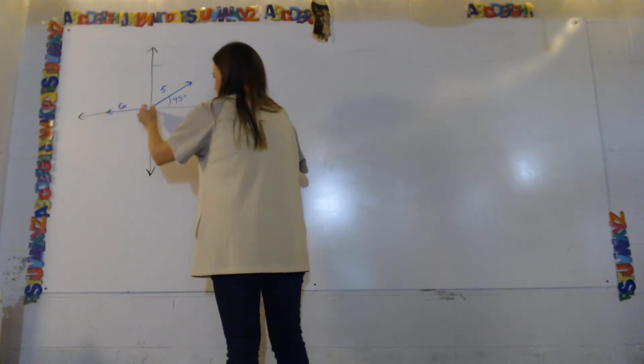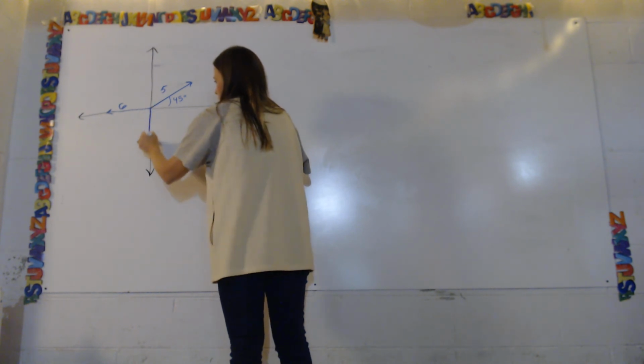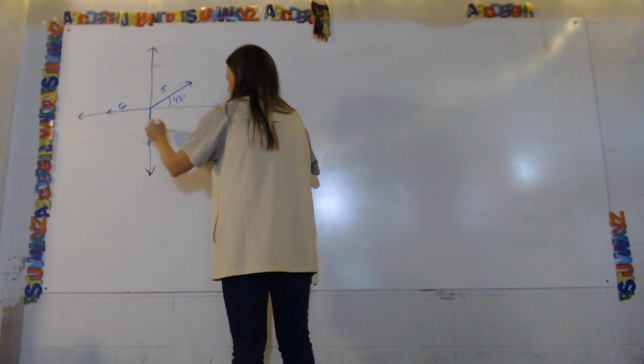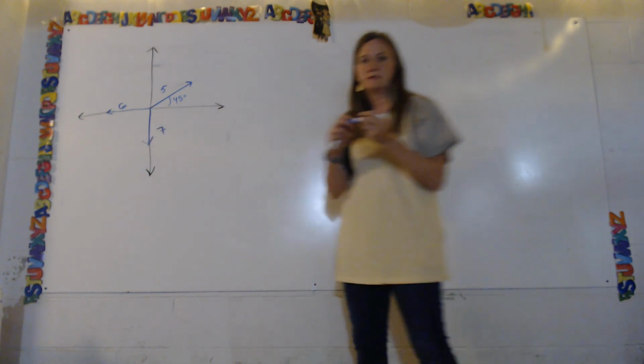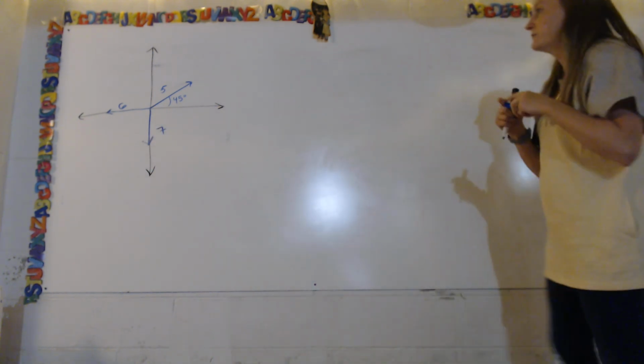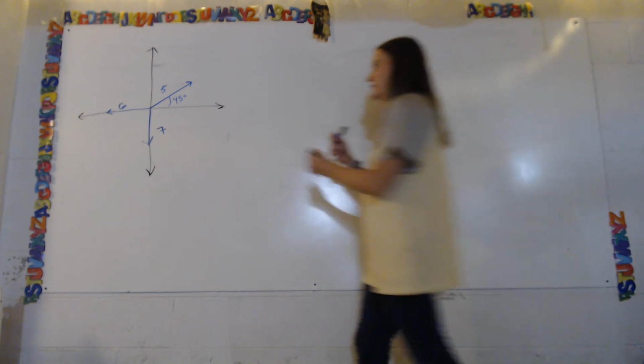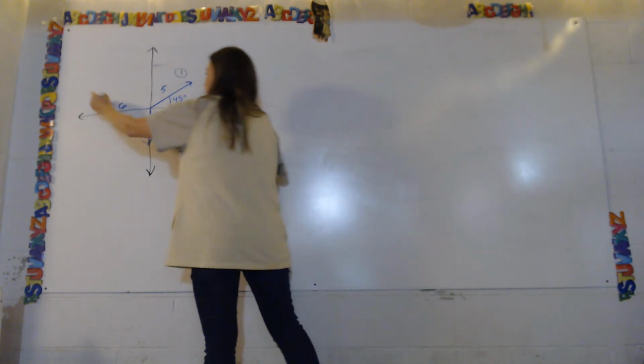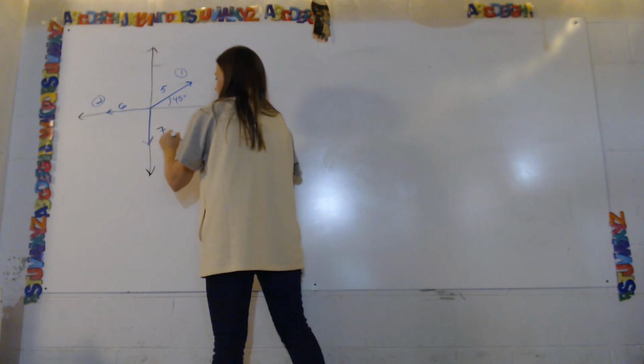And vector 3, let's put it straight down, and let's make it 7. I didn't really draw this to scale very well at all. Okay, so this is a little bit different because 2 of the vectors are right on an axis. Okay, so that's vector 1, vector 2, vector 3.